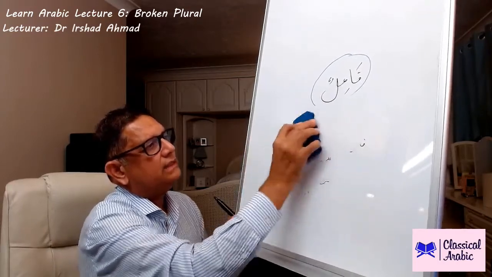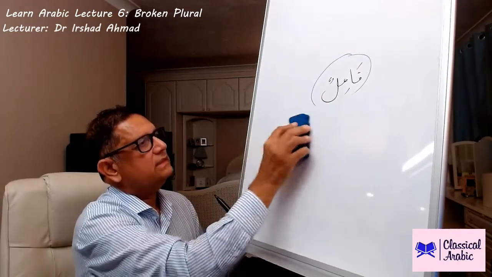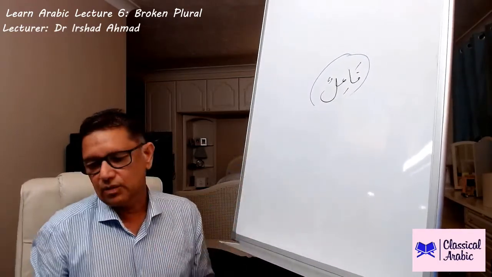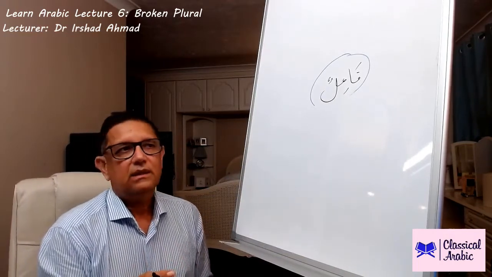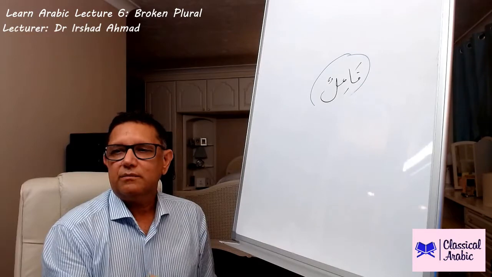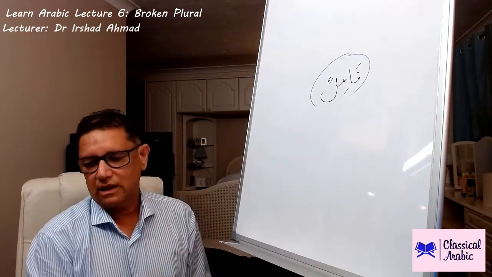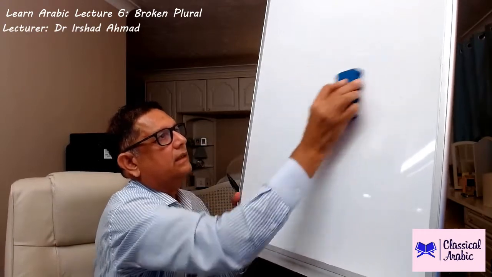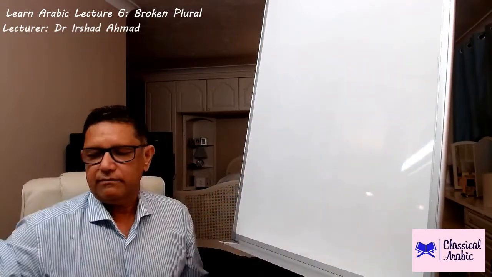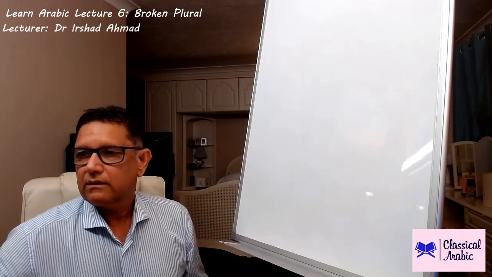Now, after learning that there is a system which exists in Arabic based on roots and patterns, we can look at certain jama mukassar patterns or awzan, and I'm going to write a few words here and let's see whether that makes sense.